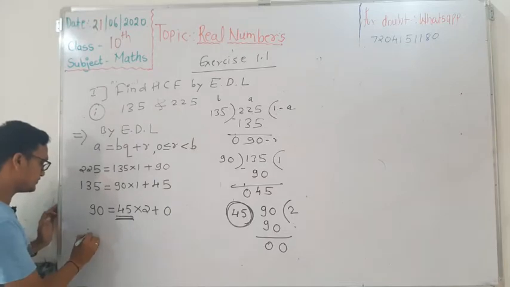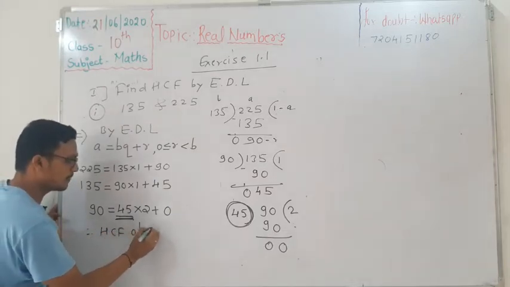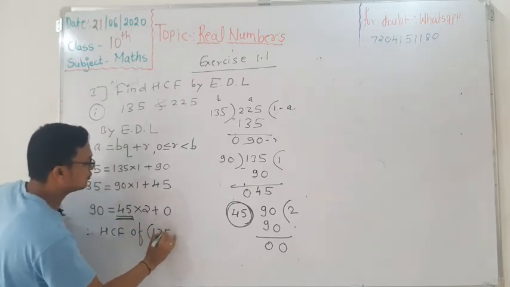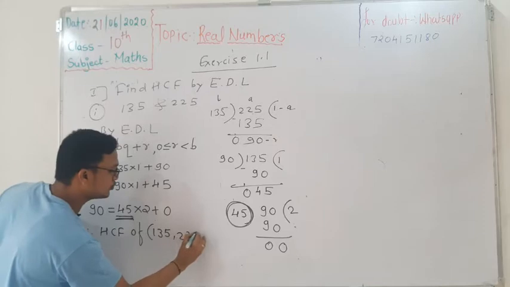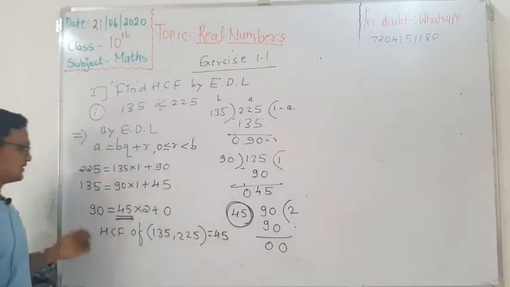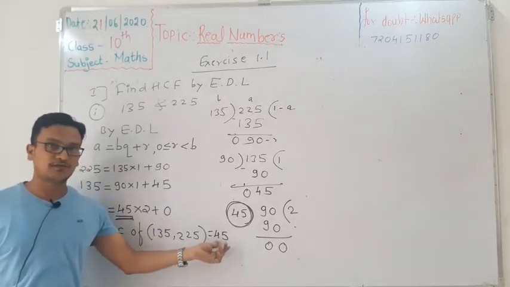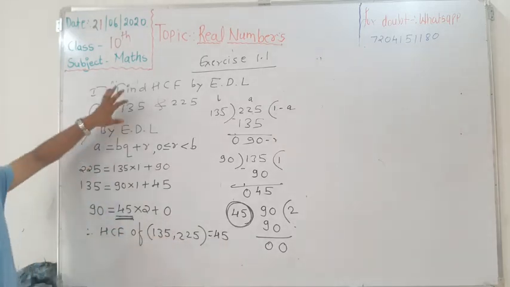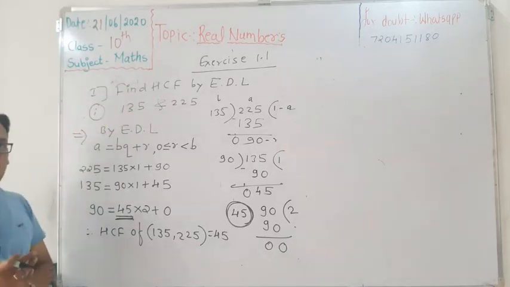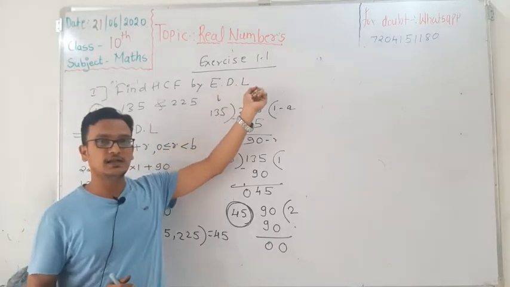Therefore HCF of 135 and 225 is 45. I hope you have understood this method to find out HCF of two positive integers by Euclid division lemma.